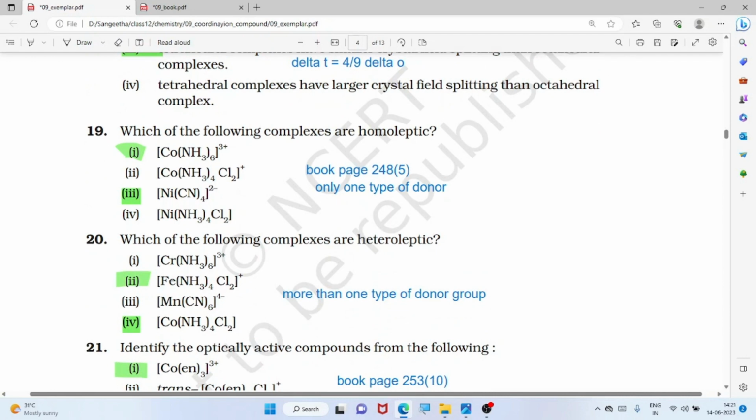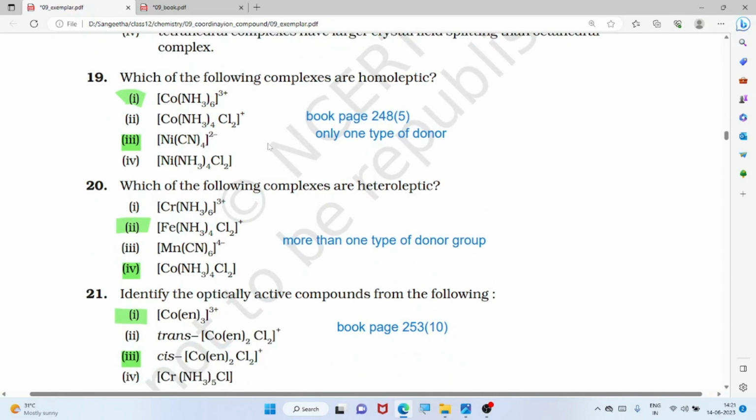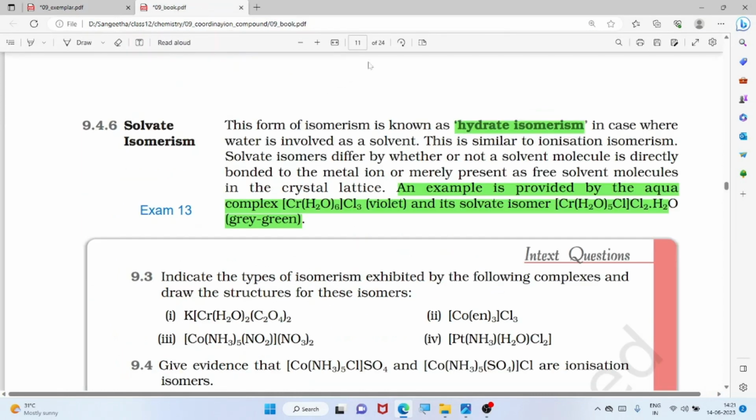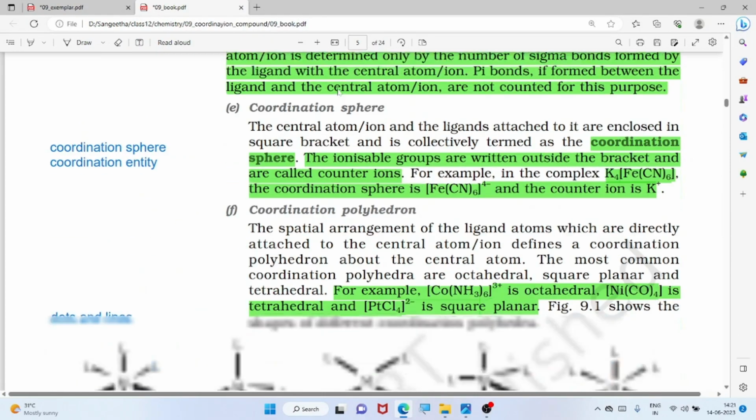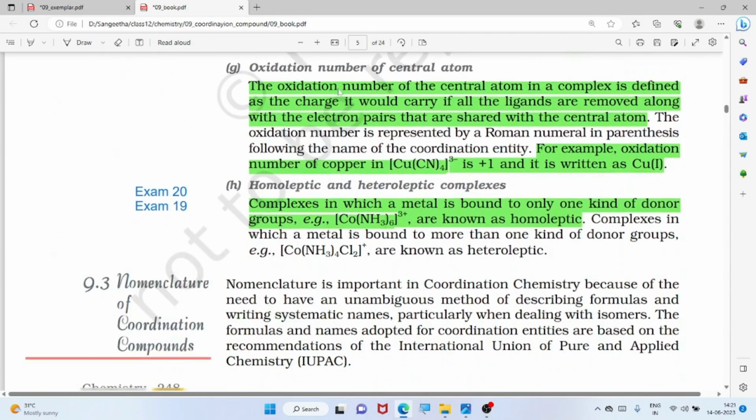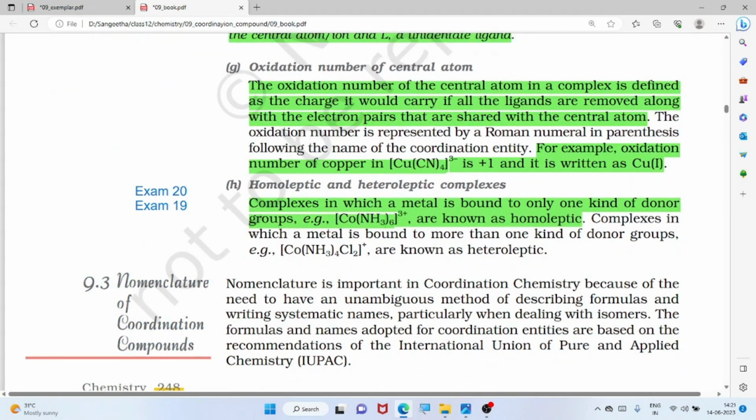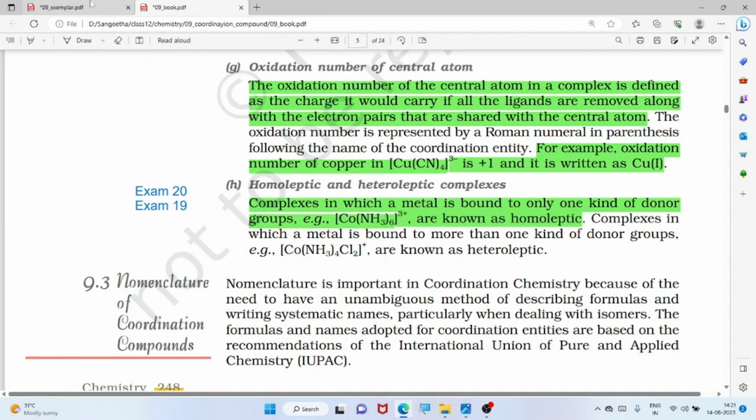Which of the following complexes are homoleptic? Homoleptic means same ligand should be there. One type of ligand, this and this. Here we have two types. Okay. 5. Okay, here what is homoleptic, one is heteroleptic they are given.